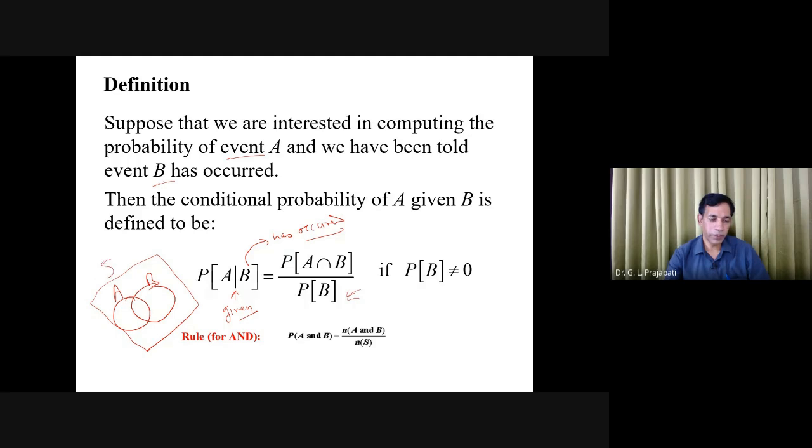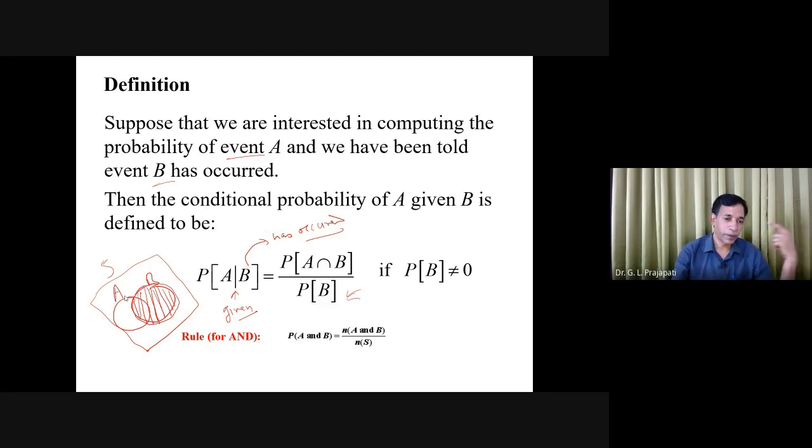So this is the sample space, and this event B has occurred. Now you are given the information that event B has occurred, and you need to determine the probability that event A occurs. So what is the probability for event A, given that event B has occurred?